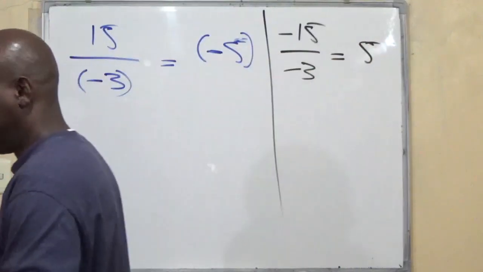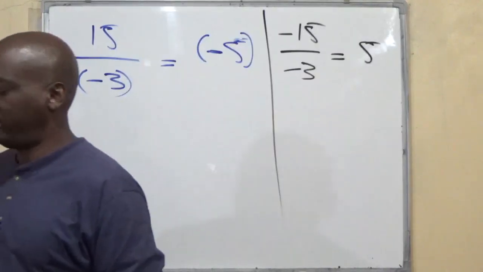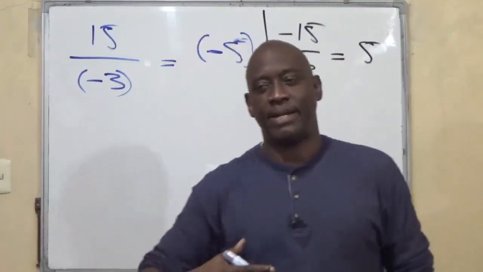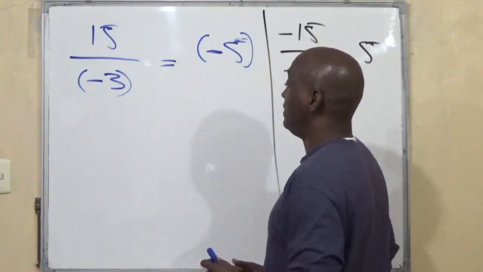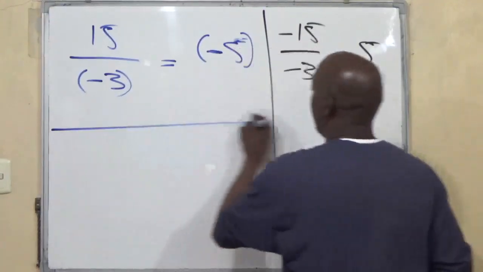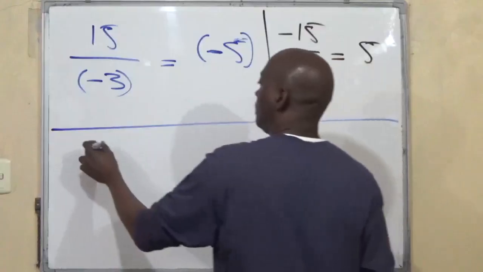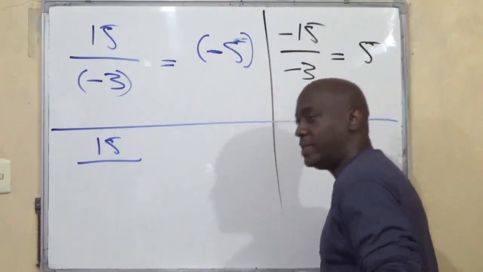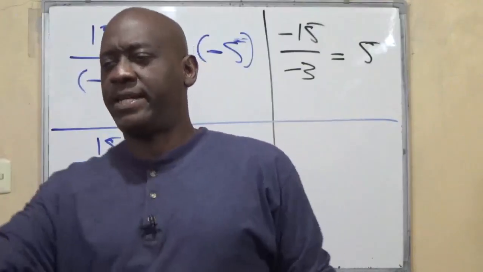So again, in a situation where the $15 went out and came back in, we have $15, right? And we know that that $15 went out 5 times.